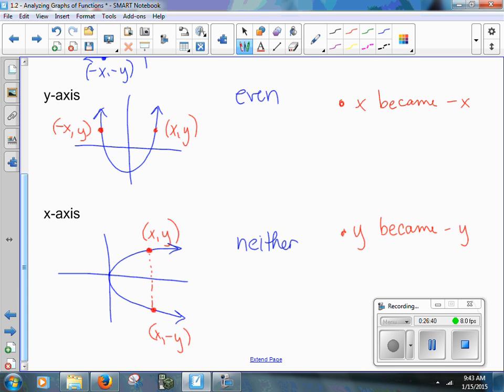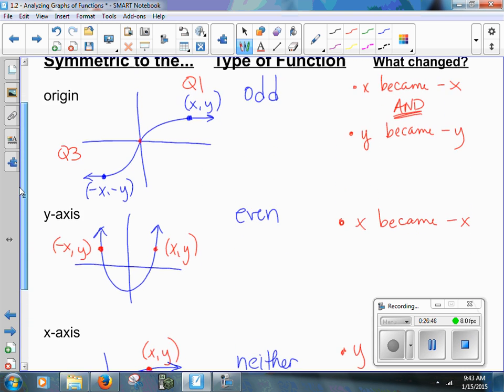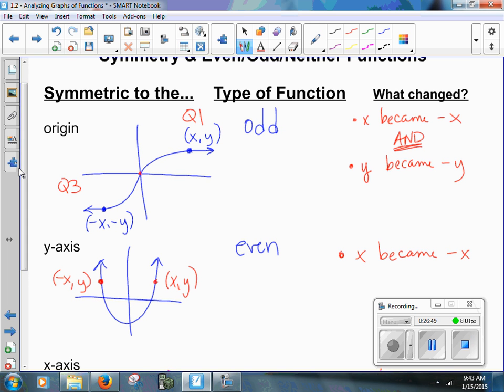Now, how are you going to keep it straight in your head? Well, here's how I keep it straight in my head. And you're going to laugh, and you're going to make fun, and I don't really care. If a function is symmetric to the origin, it is what type of function?